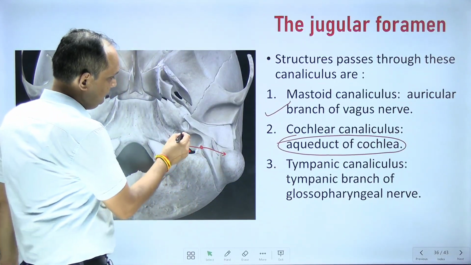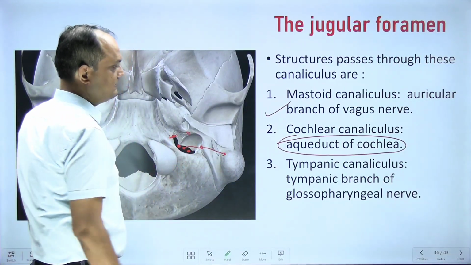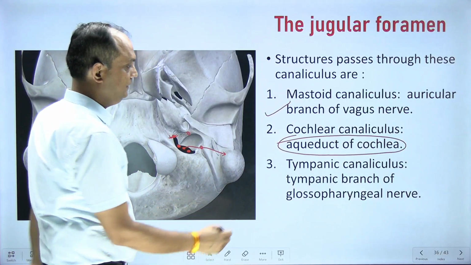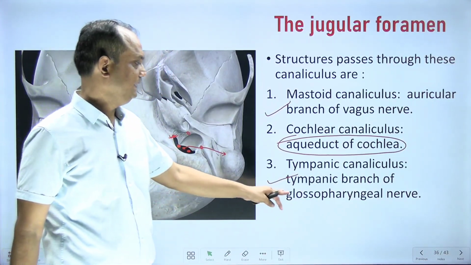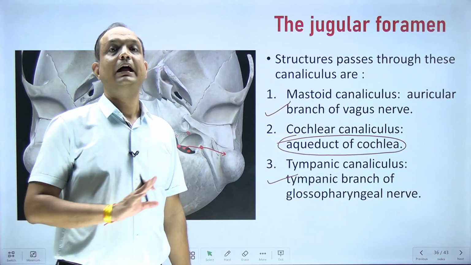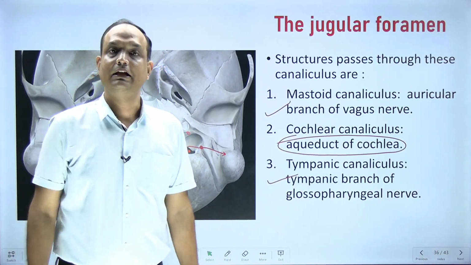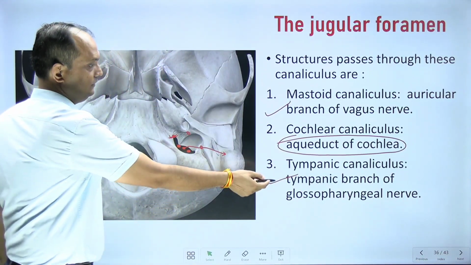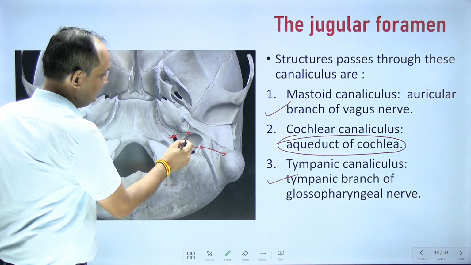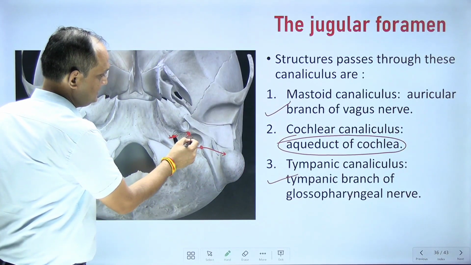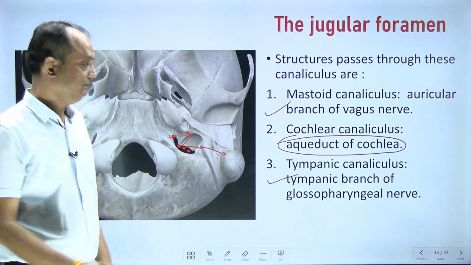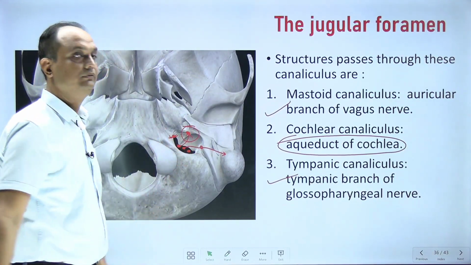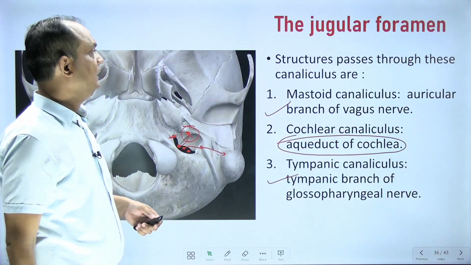Now the tympanic canaliculus is present here, and it allows the entry of the tympanic branch of the glossopharyngeal nerve, which enters the middle ear cavity. So this is your 9th cranial nerve. From the 9th cranial nerve, a nerve will arise, and this nerve will enter through this canaliculus inside the middle ear, which is present in this part of your temporal bone.